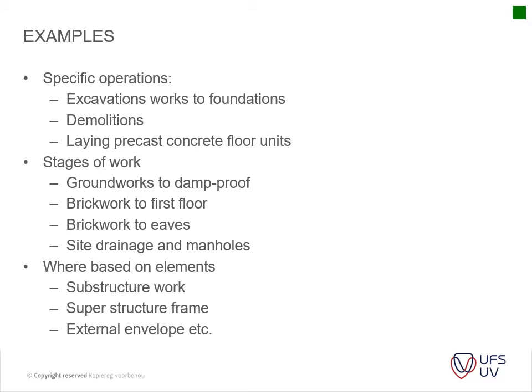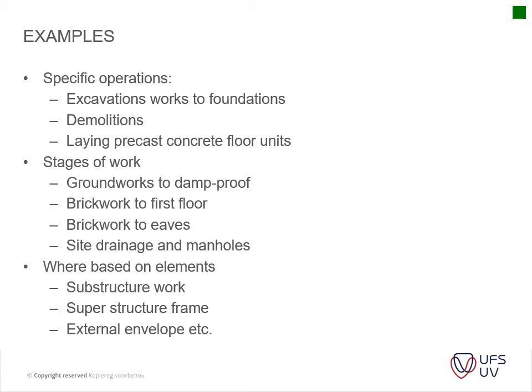Okay, then looking at specific examples, this is now on page 219. On the first page is specific operations, like, for instance, your excavation works to foundations, your demolitions, laying precast concrete floor units.